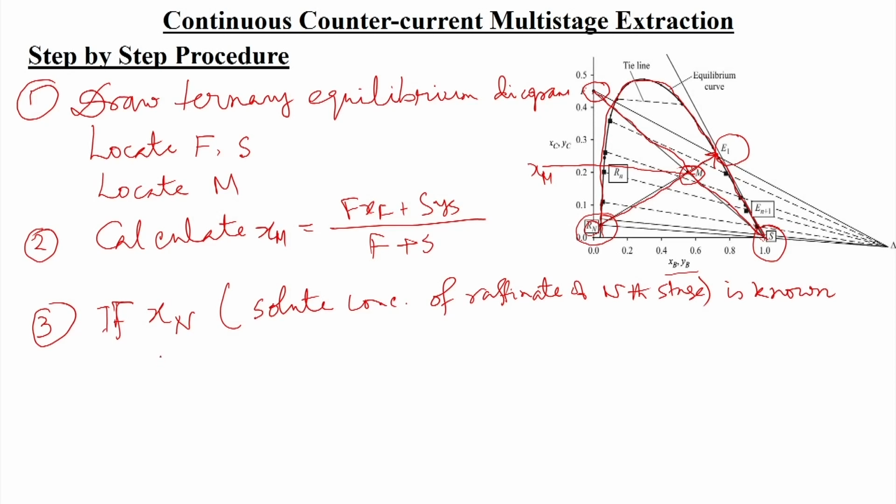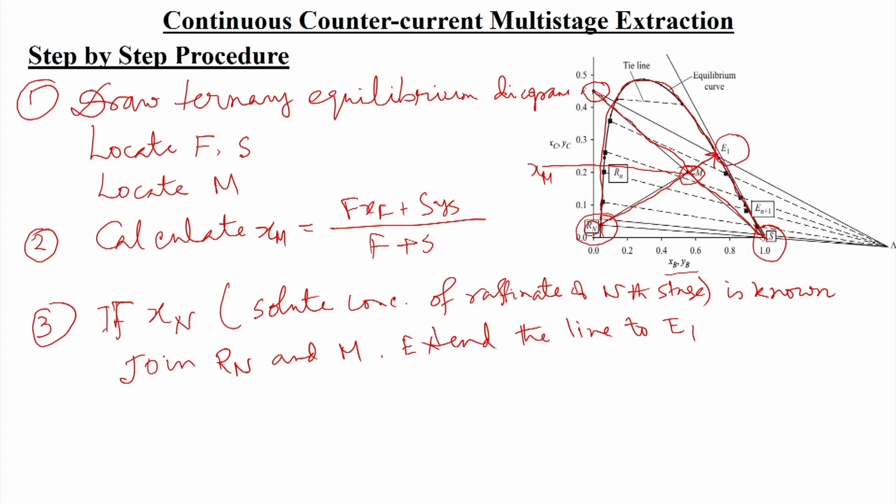So, now we will be joining R n and M, then extend the line to E 1. That is now in the extract arm. Okay.